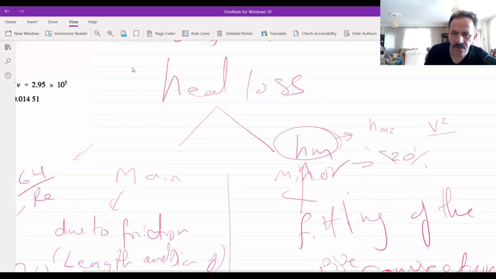Here is the velocity, but there is a coefficient here. This coefficient is called the minor loss coefficient for the device that we are using.